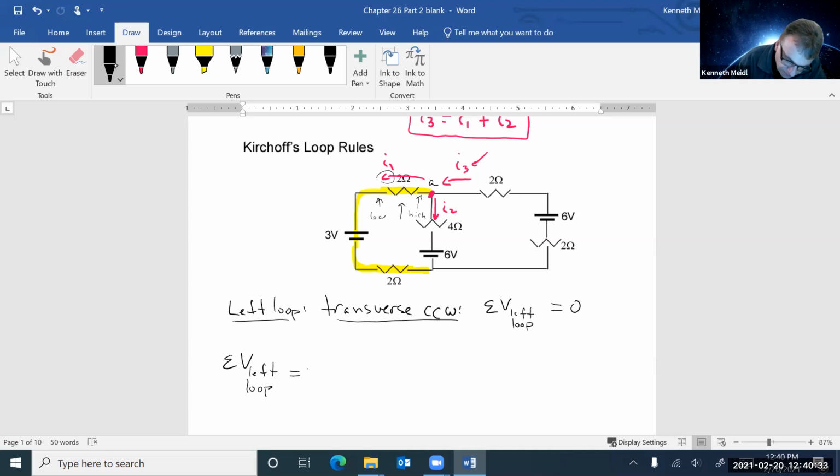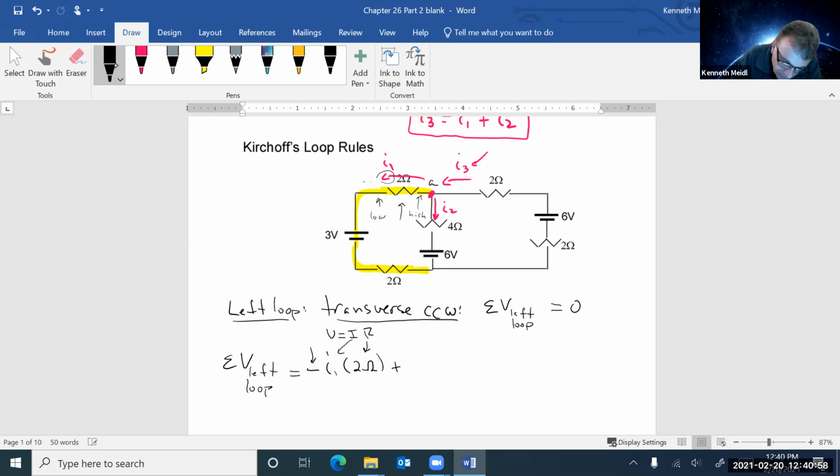So I've lost how much energy or how much voltage I've lost. So it's a minus sign. I1 times 2 ohms. So V equals I times R. There's I, there's R. And that plus or minus sign is, did I gain or lose by going in that direction? Add them all up.